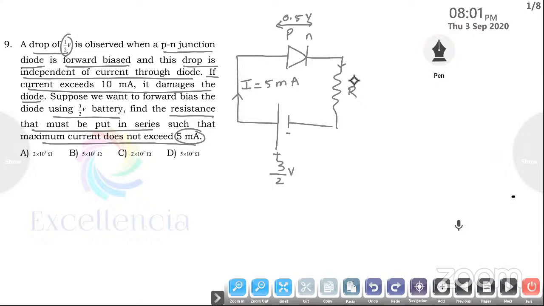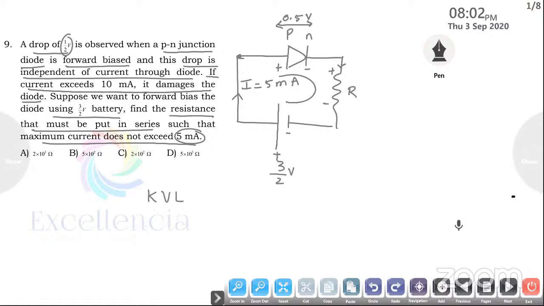I will mark this plus, minus, this plus, minus. Current always flows from high to low. Now using Kirchhoff voltage law, KVL, I will take potential drop as positive and potential rise as negative. I will move across this diode first.